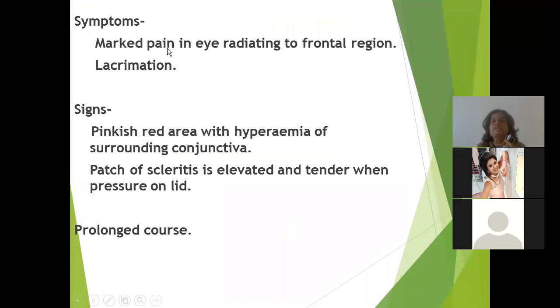Symptoms: there is marked pain in the eyes radiating to the frontal region, and there is lacrimation. Signs: there is a pinkish red area with hyperemia of surrounding conjunctiva, and patches of scleritis are elevated and tender on pressure. Prolonged course.